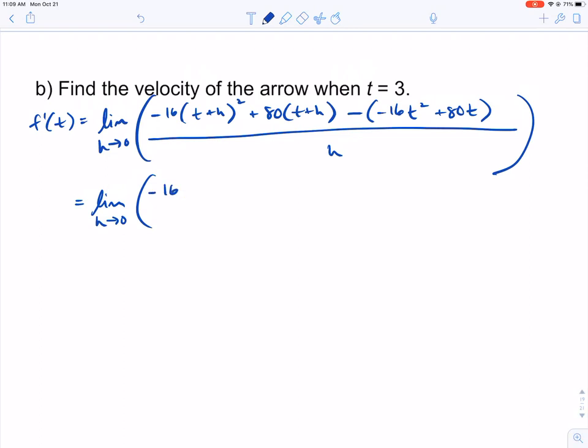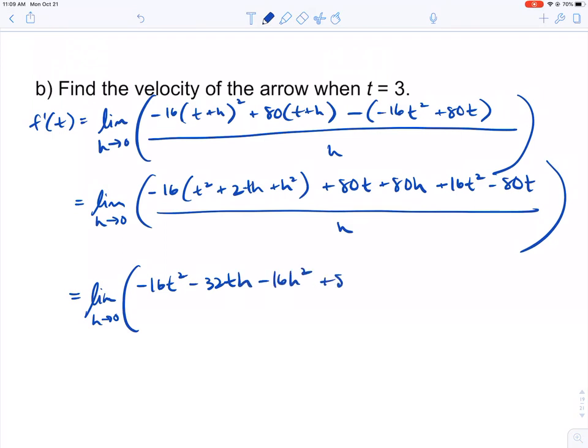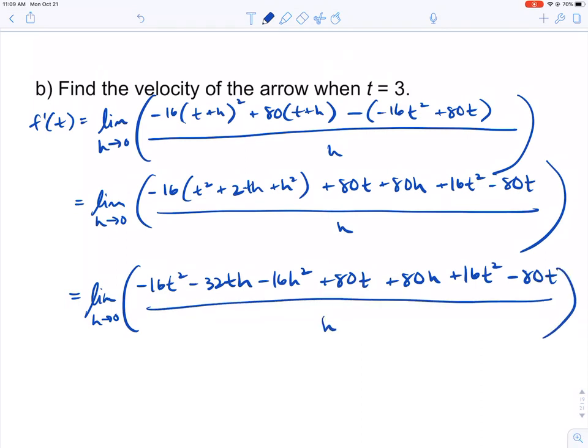Okay, and then we multiply that out in the numerator. All right, the fun part, you get to see what cancels.